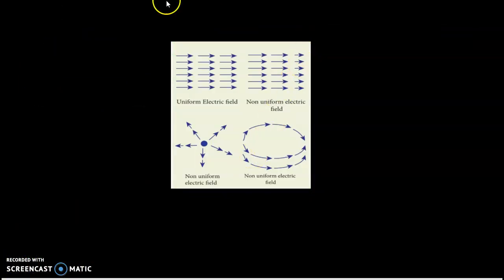Let us consider this particular diagram. In this diagram, the uniform electric field has the same magnitude and the same direction. You just look at this particular example. Whereas in the non-uniform electric field, here these two rows have the same magnitude and direction, but this particular one has a different magnitude, same direction but different magnitude.